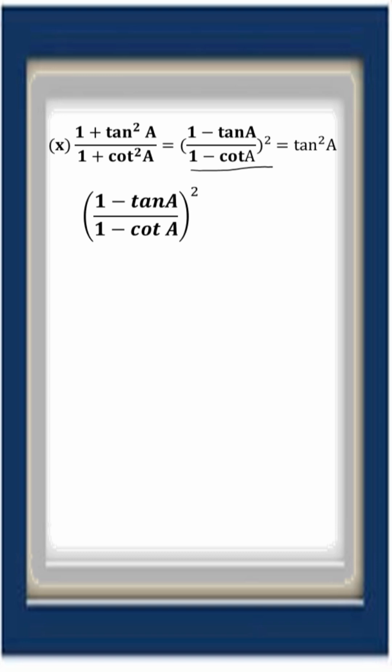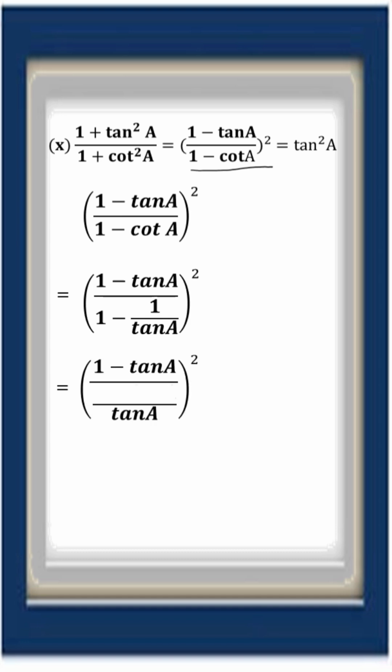So now let us write cot A as 1 upon tan A. So this is equal to, the numerator will be the same, 1 minus tan A, square also will be there. In the denominator, 1 minus, let us write cot A as 1 upon tan A. Now let us take the LCM of the denominator. So numerator will be the same. In the denominator, tan A is the LCM.